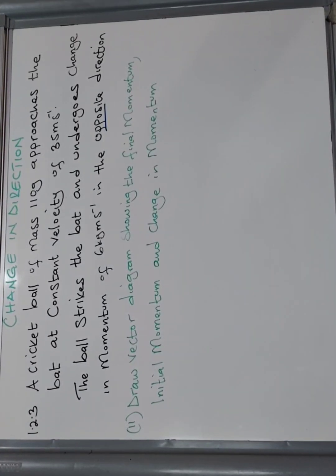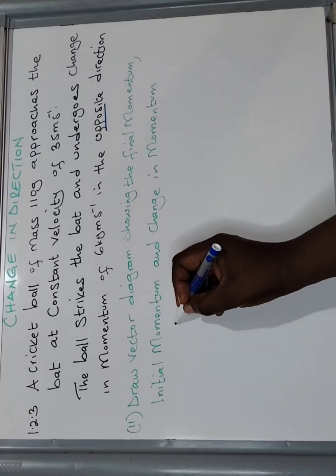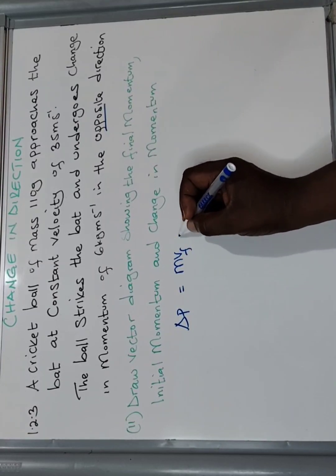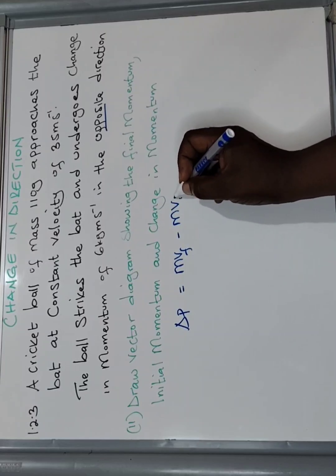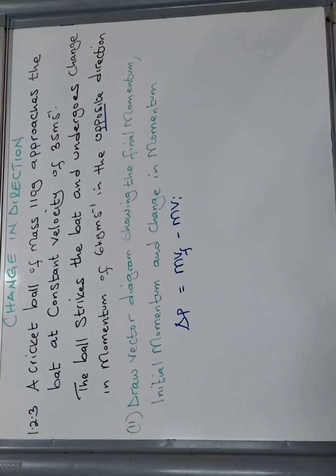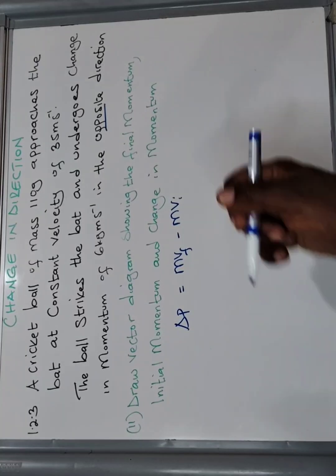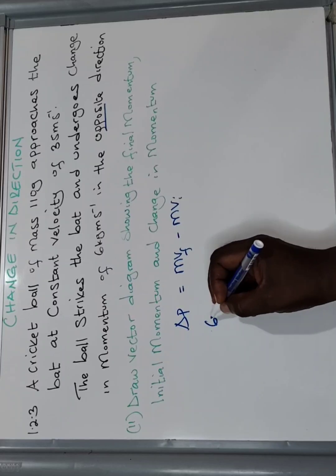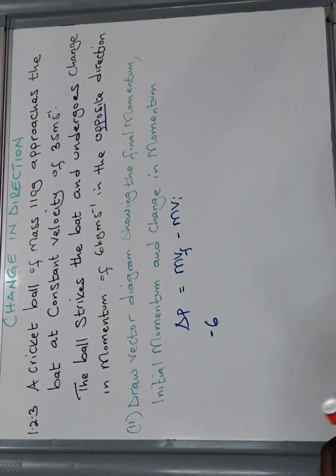Yeah, then comes this question. It says, draw a vector diagram showing the final momentum, initial momentum, and change in momentum. So here, where do we start from? You start from our equation, which is delta P equals mvf minus mvi. Okay, then you have to look for these values. What do you have as delta P? It is 6, but it was negative.